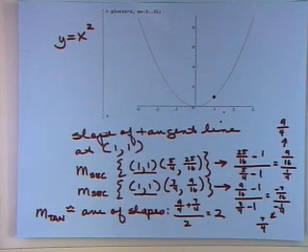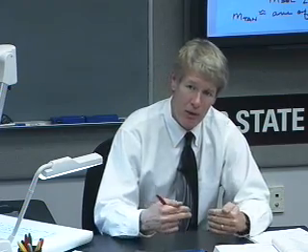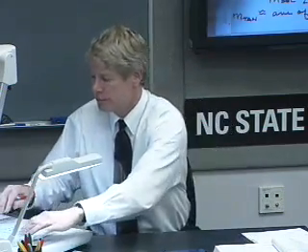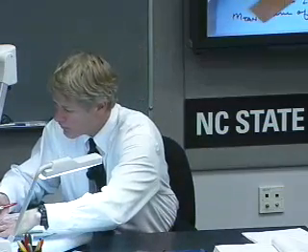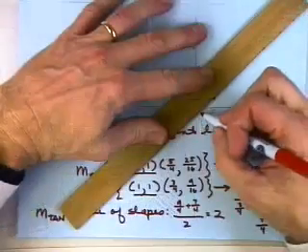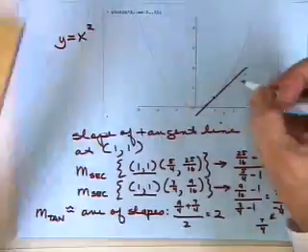And what's the difference of the x's? 0. So we end up with 0 over 0, which is one of those bad values, one of those indeterminate forms. So we can't just choose a point. We've got to choose another point. We want to make sure it's fairly close to the first one. So what we hope we find is the slope of the line that's tangent to the curve at the point.